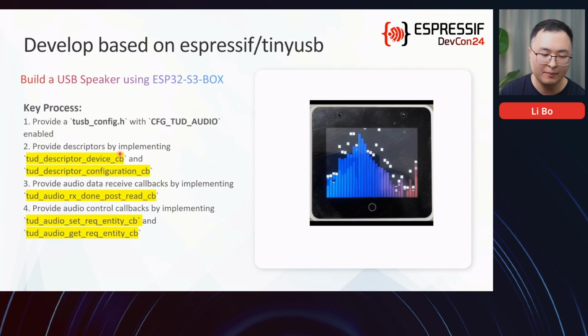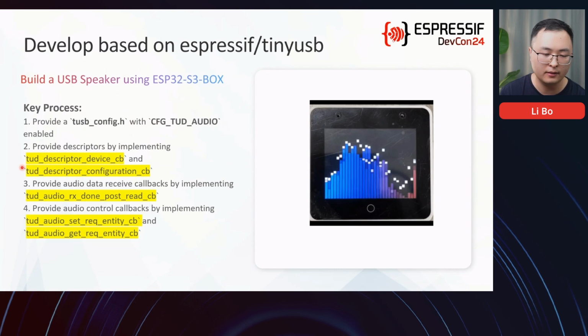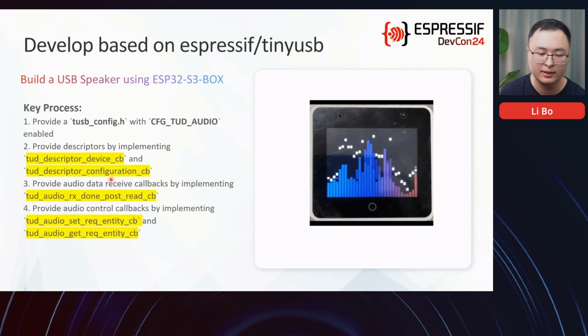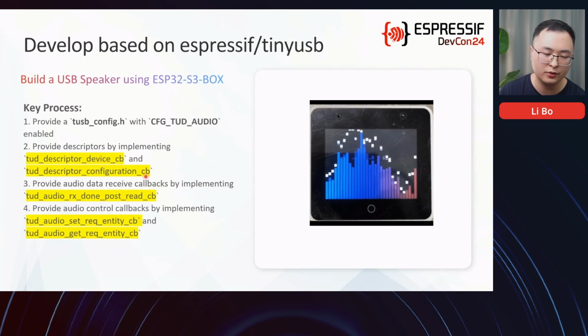Second, you need to implement the necessary callbacks for the audio function. Like for the descriptors, you need to implement your device descriptors and the configuration descriptors and others. Then you tell your descriptors through their two callbacks.